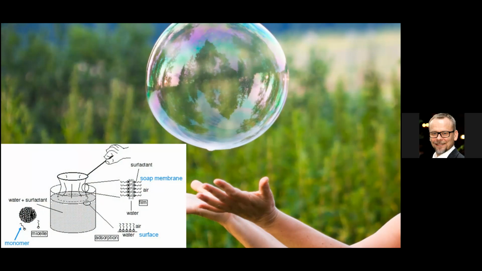And then you also have some molecules, the surfactants in this case, that are mediating the interface between the water in the lamella and the surrounding air. And in this case, you have two sides of a soap bubble, so you need two layers, a bilayer of surfactants, making this happen.